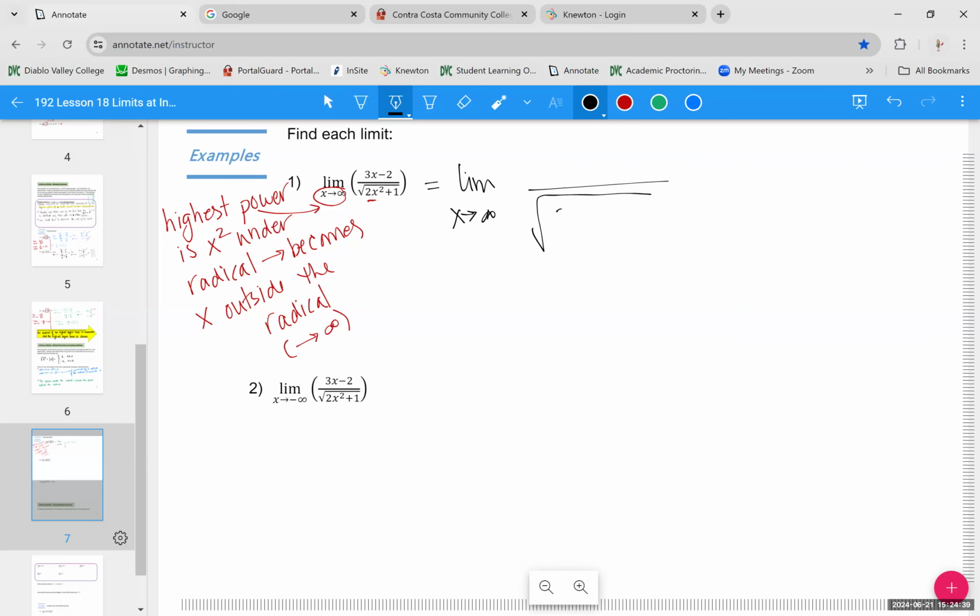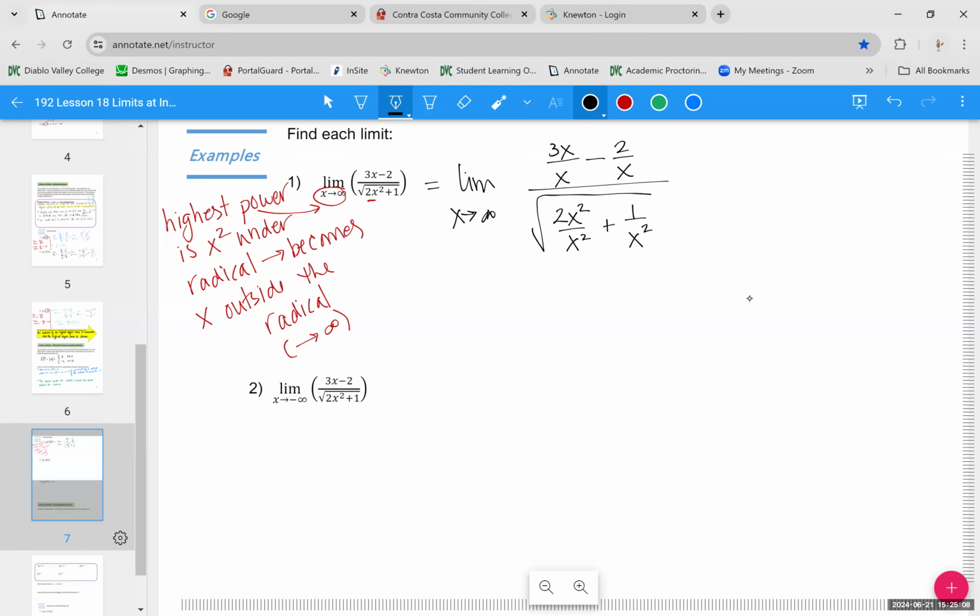So I have this big square root, and everything under the square root is going to get divided by x squared because that is the highest power, x squared under the square root. But when I come to the numerator, this does not have a square root anymore. So in order to divide it by the same power, I need to divide it by just x to the first. And it's going to be a positive x because we're approaching positive infinity.